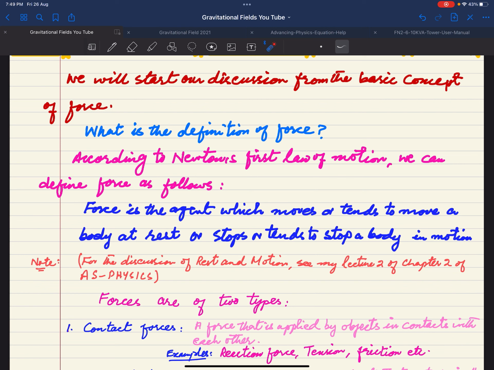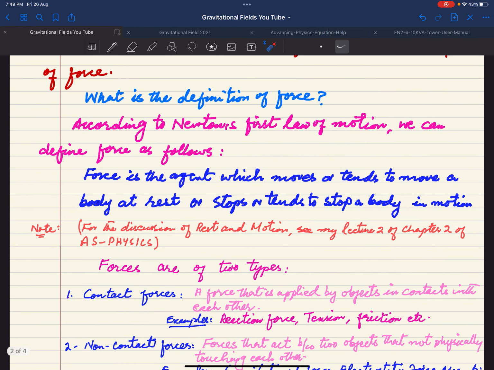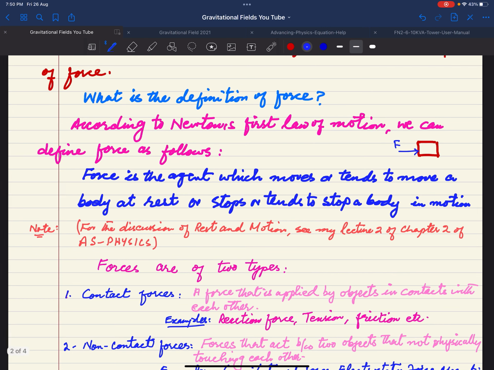Force is the agent. Now remember one thing: you cannot see the force, but you can see the effect of the force. If you are applying a force on a box, the body is moving.